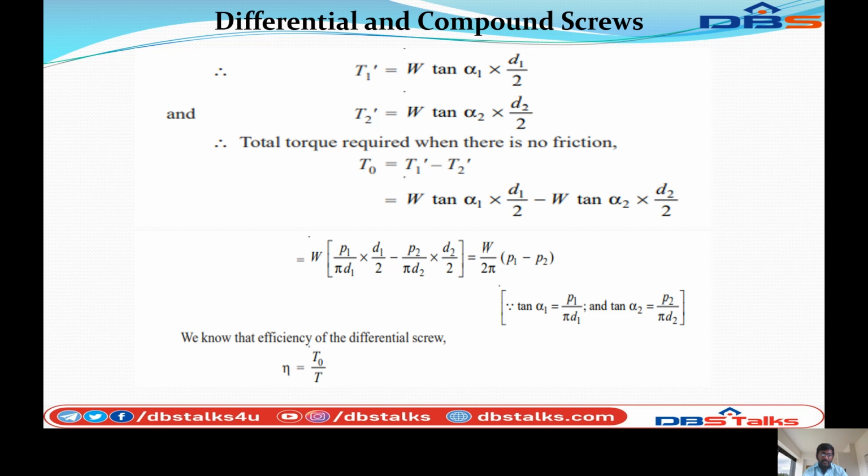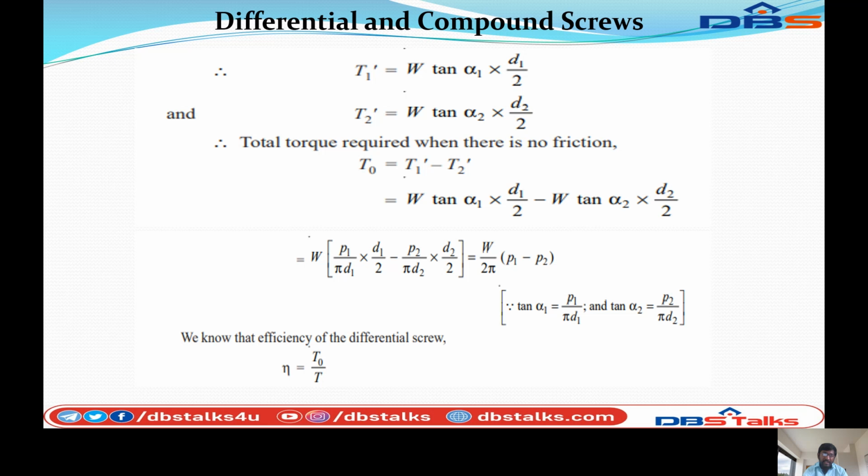Therefore, the total torque required when there is no friction, T0, is equal to T1 dash minus T2 dash, that is equal to W into tan alpha 1 into D1 by 2 minus W into tan alpha 2 into D2 by 2. Since tan alpha 1 is equal to P1 by pi D1 and tan alpha 2 is equal to P2 by pi D2, substituting the values in the above expression, W into P1 by pi D1 into D1 by 2 minus P2 by pi D2 into D2 by 2.